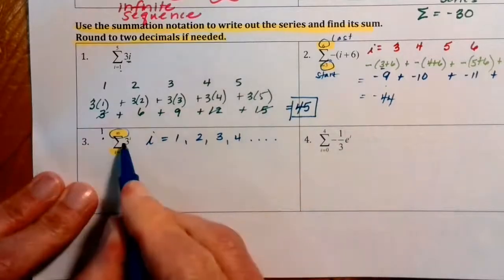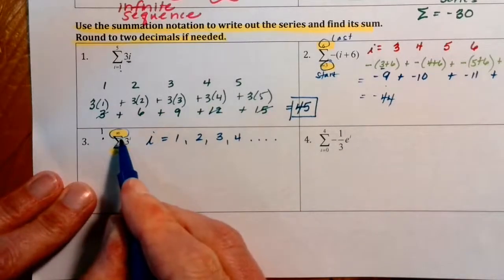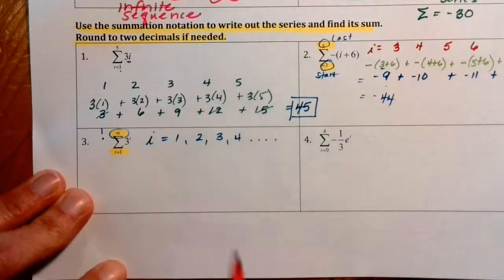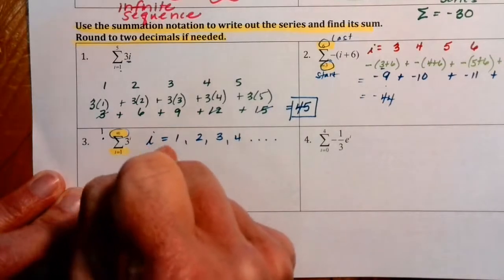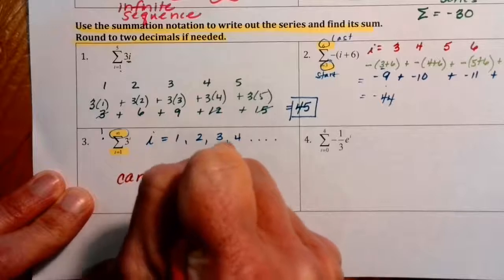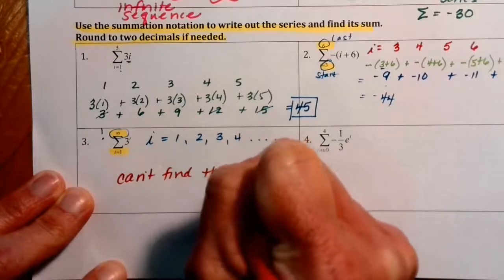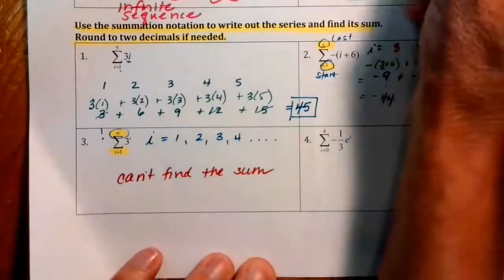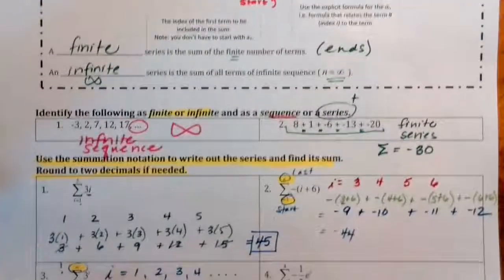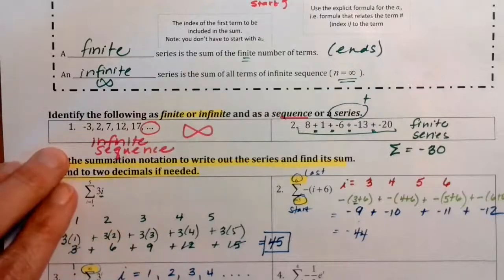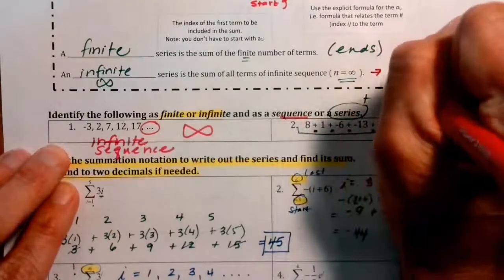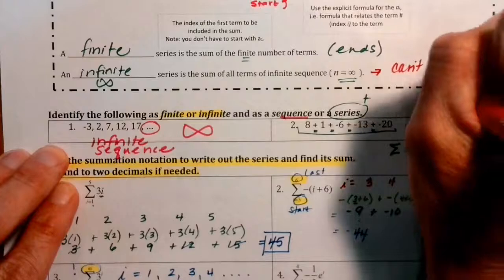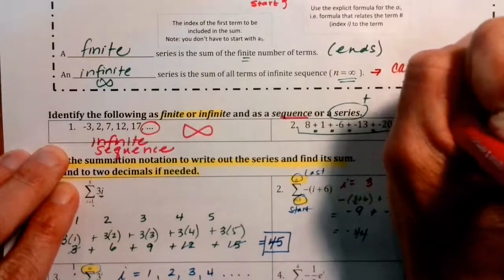And because there's always going to be one more value towards infinity, this is the one that logic tells me I can't find the sum, because this is an infinite series and you cannot find the sum of an infinite series. So we can go back up to those notes and say, if your series is infinite, you can't find the sum.